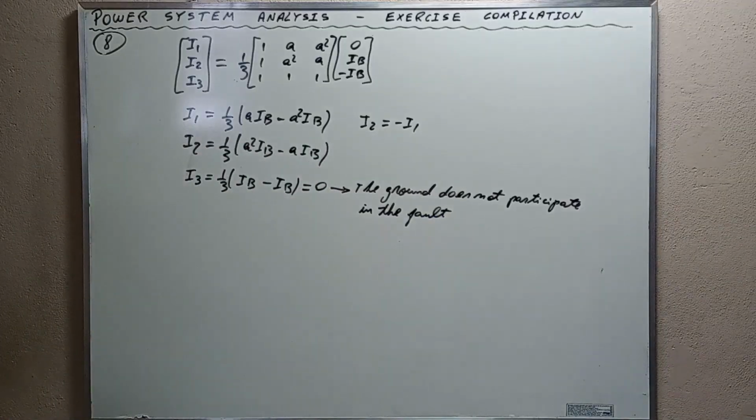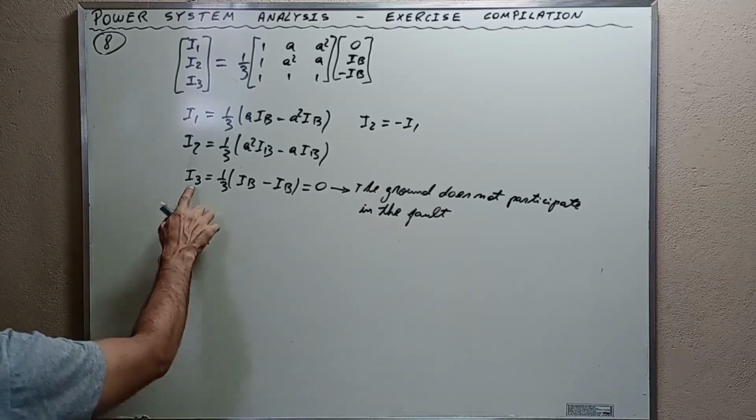According to the matrix provided by the exercise, we see that we have a phase-to-phase short circuit, since we have two currents equal in magnitude and in opposite directions. And since I3 is 0, we observe that the ground does not participate in the short circuit.